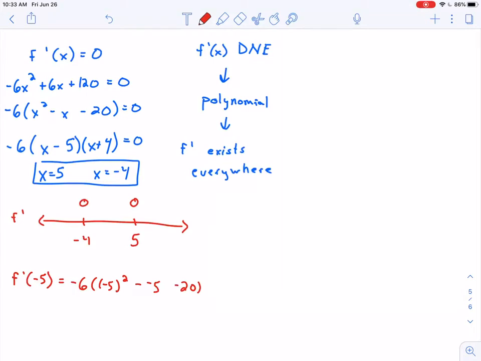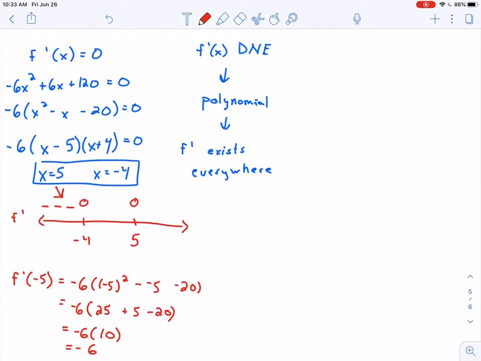And again, I'm just checking to see whether we end up with a positive or a negative. So here I've got 25 plus 5 minus 20. Here negative 6 times, this will be 30 minus 20, 10. I end up with negative 60, which means that my derivative is negative on the left-hand side of negative 4, which means that my function is decreasing on that side.